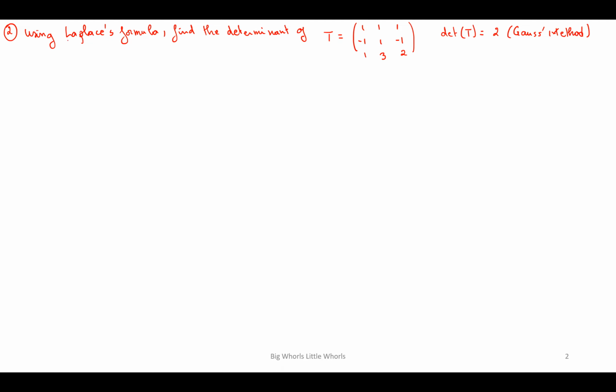Okay, now let's use Laplace's expansion formula to get the determinant of this matrix.